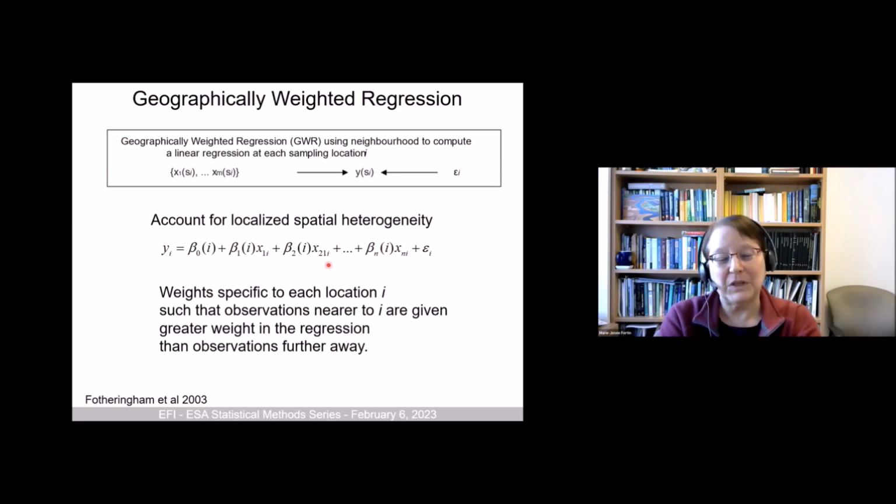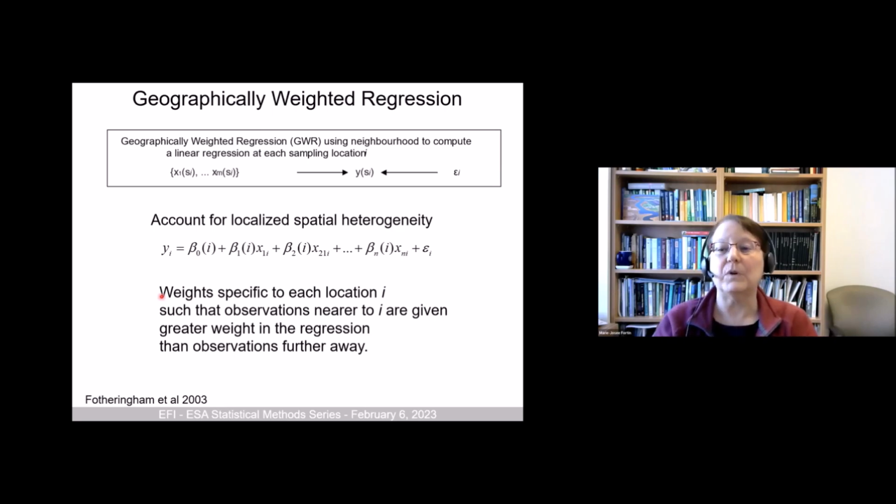geographically weighted regression, GWR. And this is a case where you look at the neighborhood. So again, you are looking at each observation and you are computing a regression for each sampling location. And the neighborhood is given by some kind of rules.